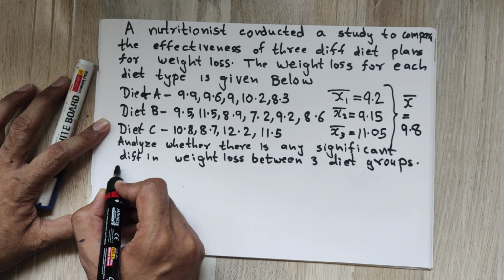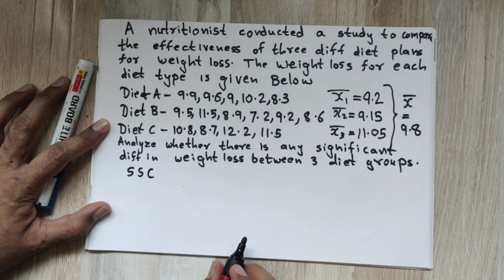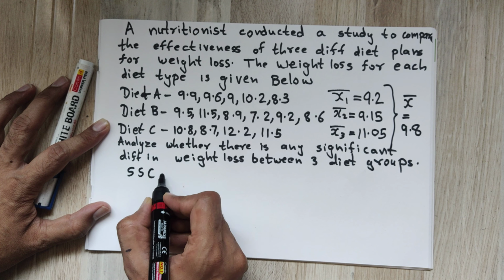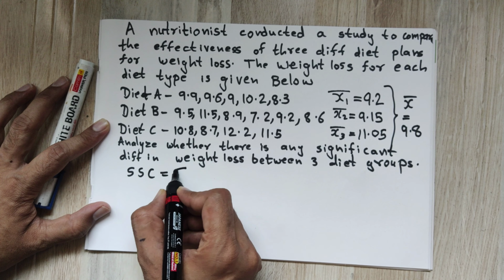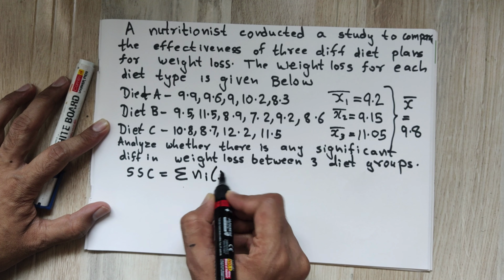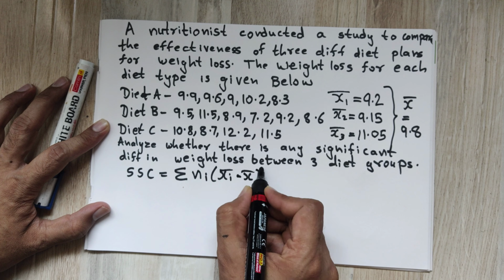Here we will be calculating two sums of squares. The first one we label SSC, the sum of squares between the columns or between the samples. The formula is summation ni into xi bar minus x bar square.